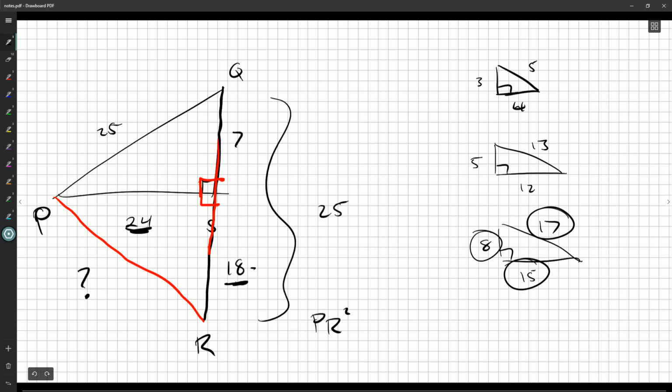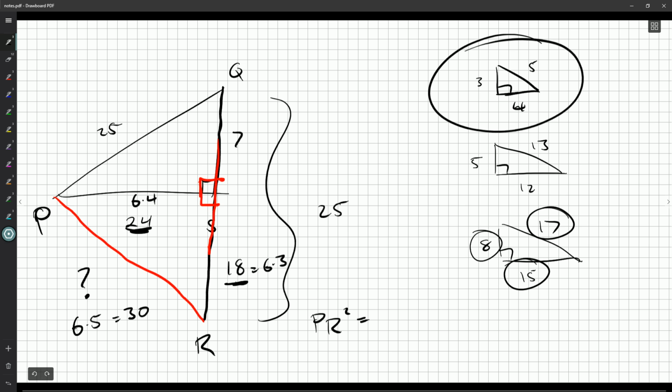Although I'm noticing here that 18 is 6 times 3, and this side here, 24, is 6 times 4. So if we use our 3, 4, 5 triangle, we could just jump and say this is 6 times 5, 30. But if you don't believe that, of course, grab your calculator. 24 squared is 576. 18 squared is 324.